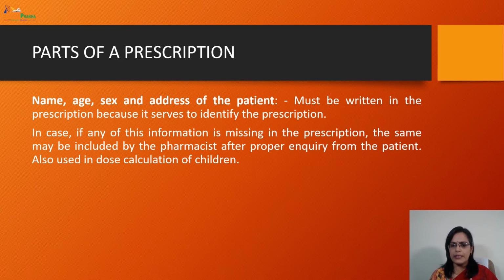Next is name, age, sex and address of the patient. That means the name of the patient, the patient's age, and the address of the patient have to be written. If any of this information is missing in the prescription, it can be very difficult for the pharmacist to calculate the dose, because doses may differ with the age and sex of the patient.